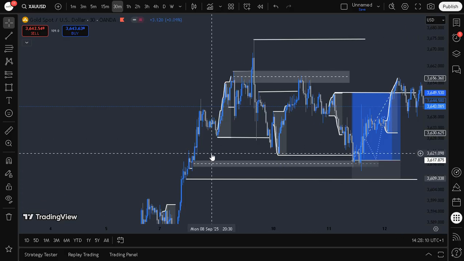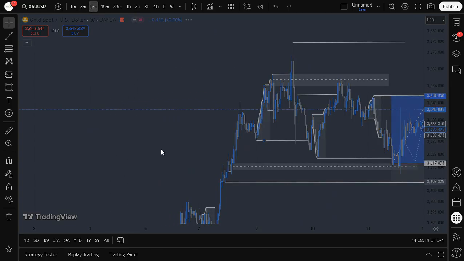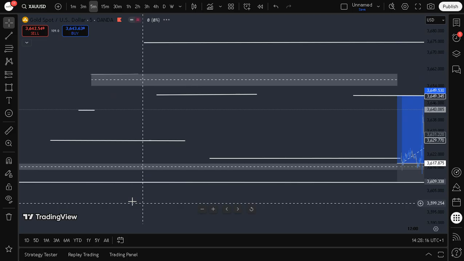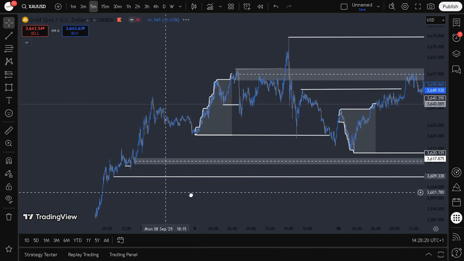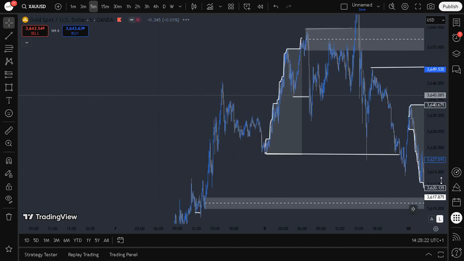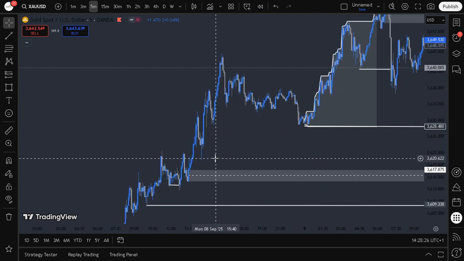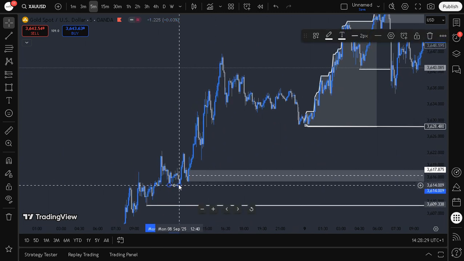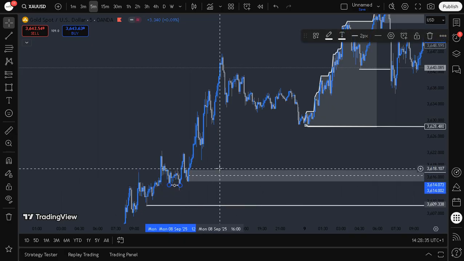Okay. So this was in fact a 5-minute QMR zone, right? You might ask, why go down to the 5-minute? Why are you refining it down to the lowest time frame, right? So one thing I noticed with gold, yeah, gold respects all types of order blocks, right? Obviously, the higher probability ones are always going to be the higher time frame ones, right?